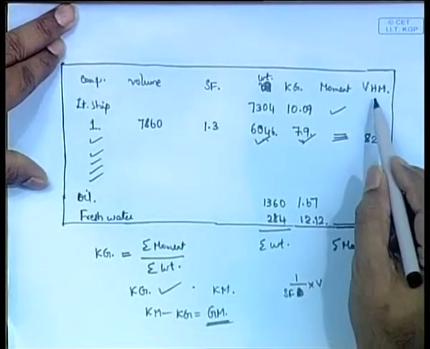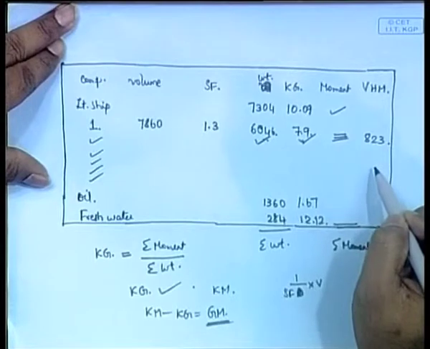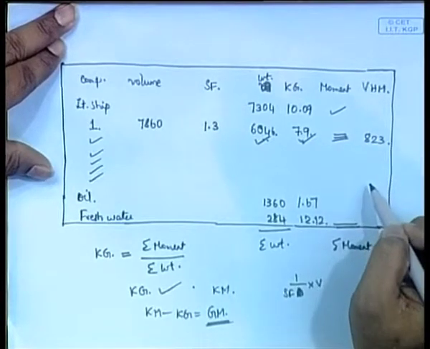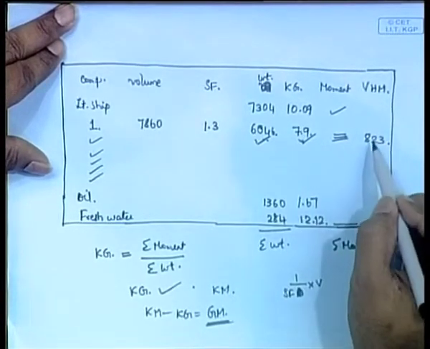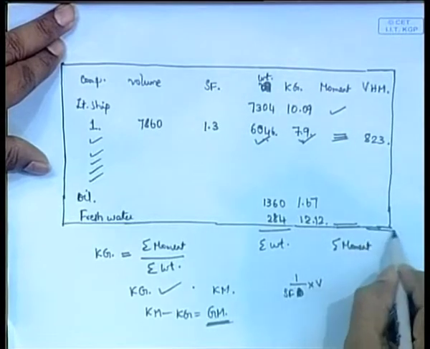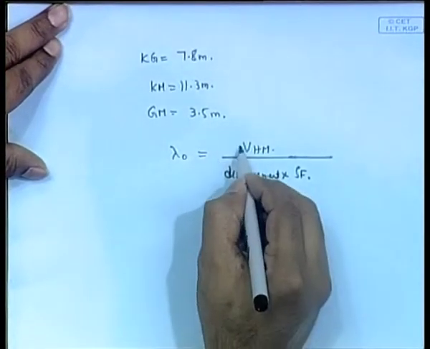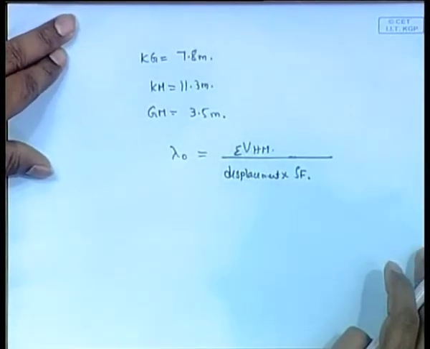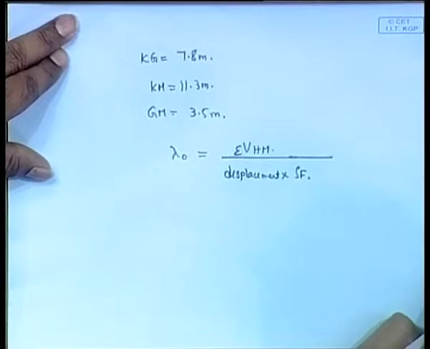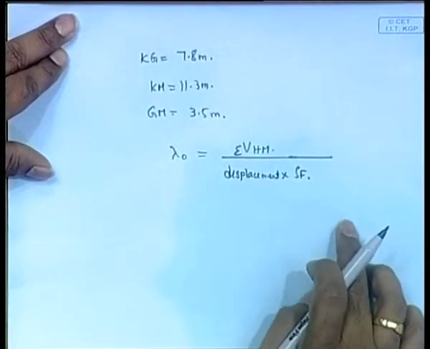So, you have the total volumetric healing moment as your last column in the table. Sum of those volumetric healing moments, you will get the sigma volumetric healing moment, that is your total volumetric healing moment. So, lambda 0 is equal to sigma volumetric healing moment divided by displacement into stowage factor.